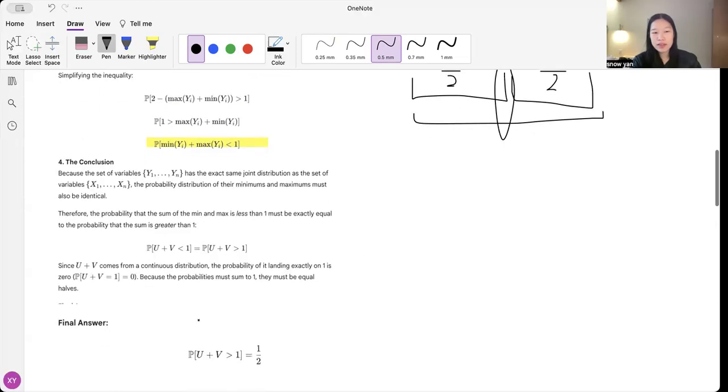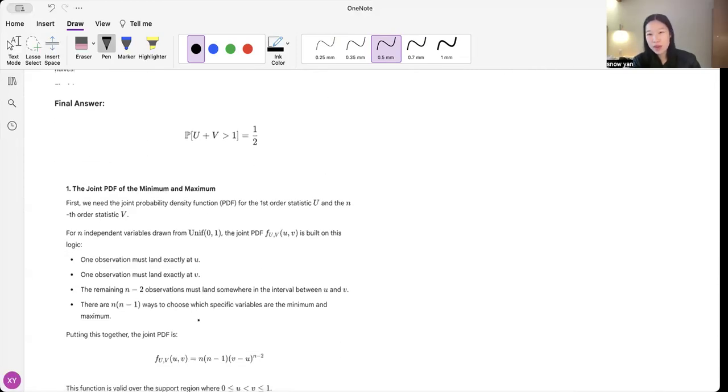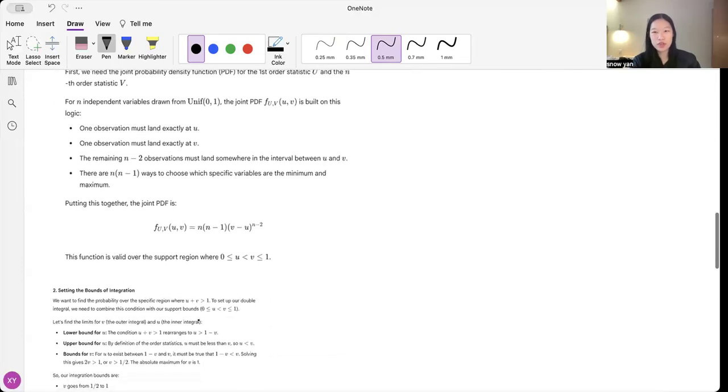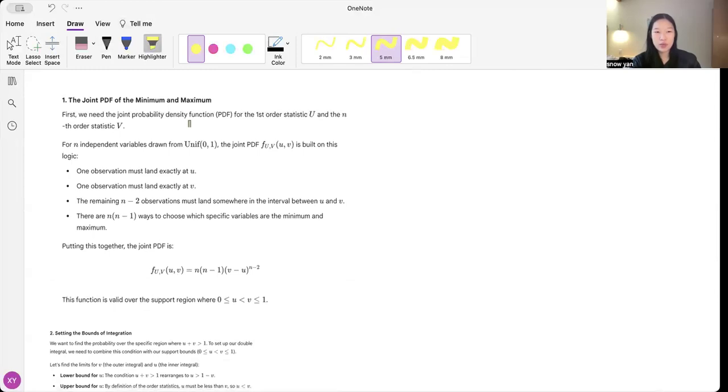So this is just using a really good symmetry property to simplify with this y variable. The most typical way of approaching these types of questions, if there wasn't such a symmetry, would be to write out the actual equation and see where that takes us. For instance, we have independent uniform variables, and their joint PDF is built on this logic.